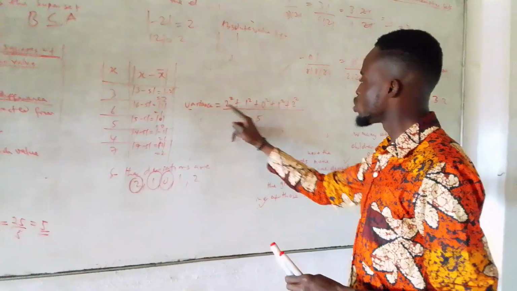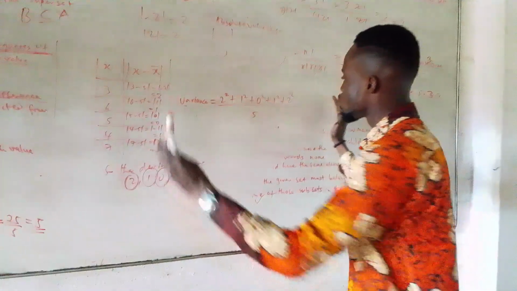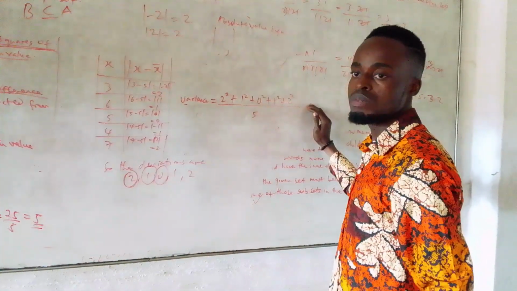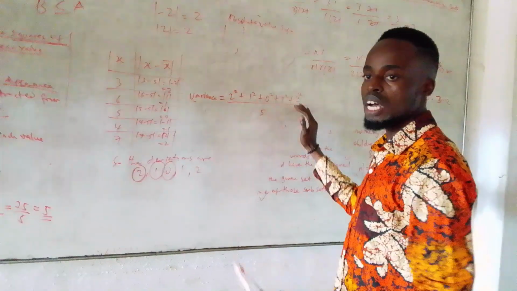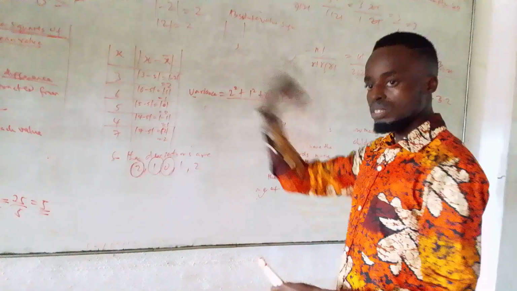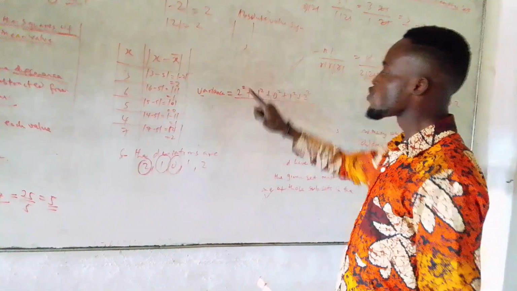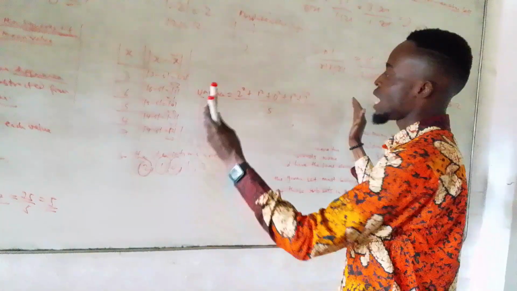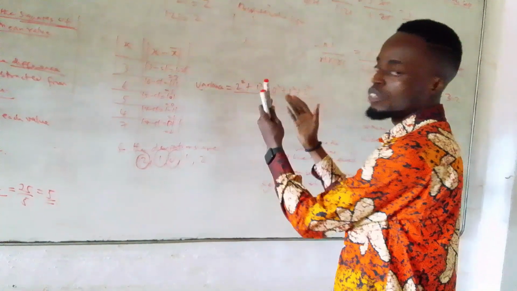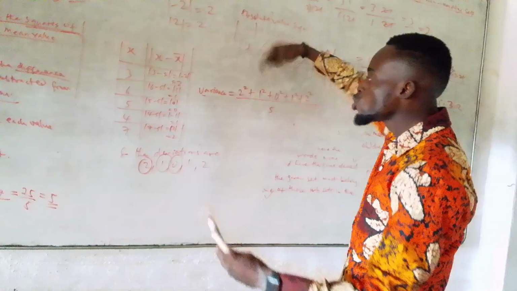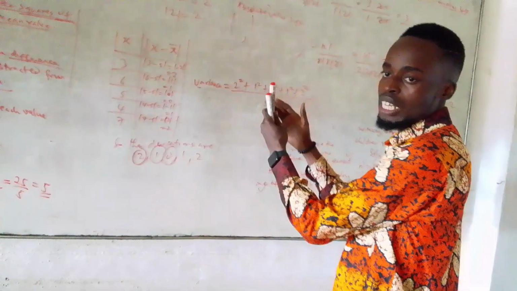So look at the values here, 2, 1, 1, 2. The summation of these values divided by how many they are is the mean. So the mean of squares, not just that I'm trying to add up the values and divide by how many they are, I'm also squaring them before adding them together.